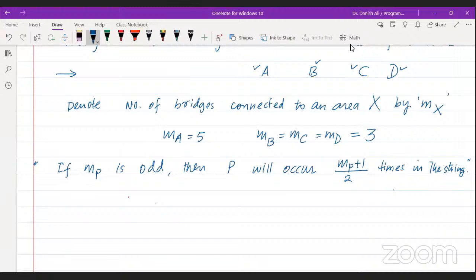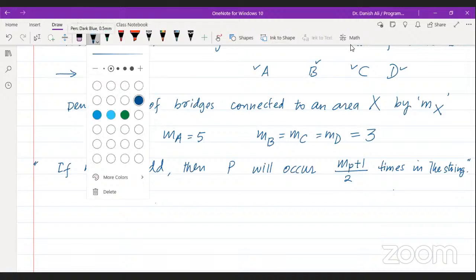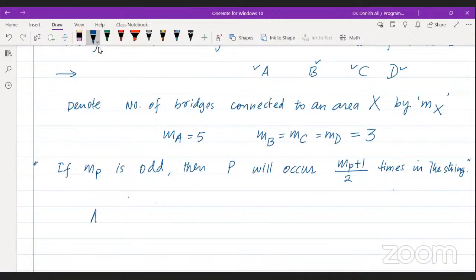So let's use this in the Königsberg bridge problem, because MA is odd, MB is odd, MC is odd, and MD is odd. So what do you think? How many times will A occur in a string? Three times.